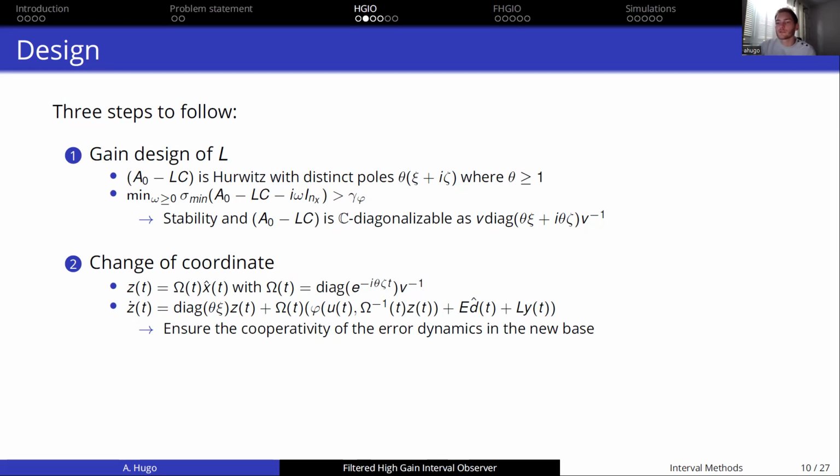And this will allow us to ensure the cooperativity of the dynamics in the new base. I will show you later why.